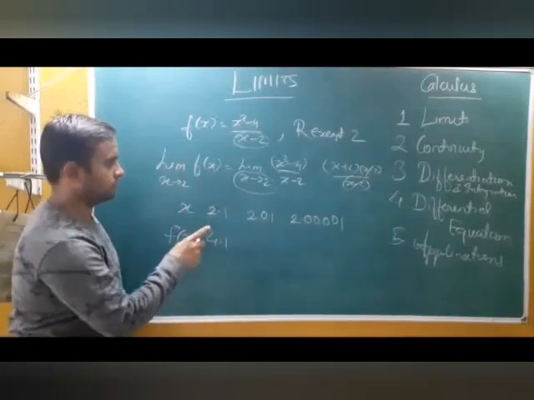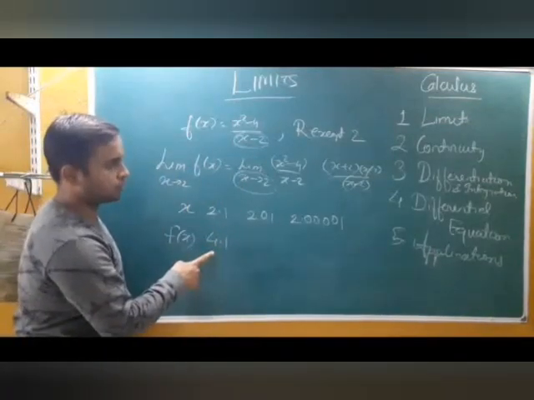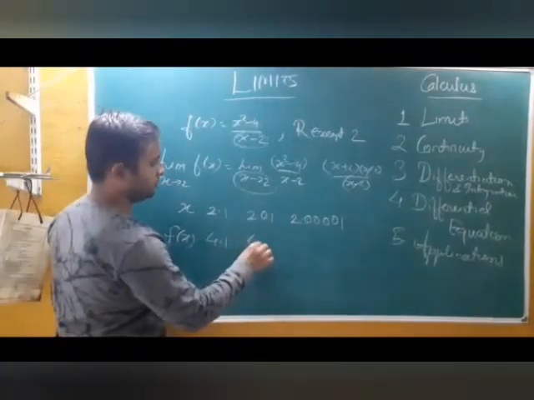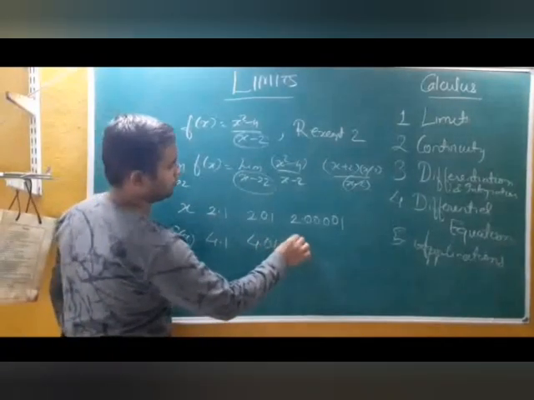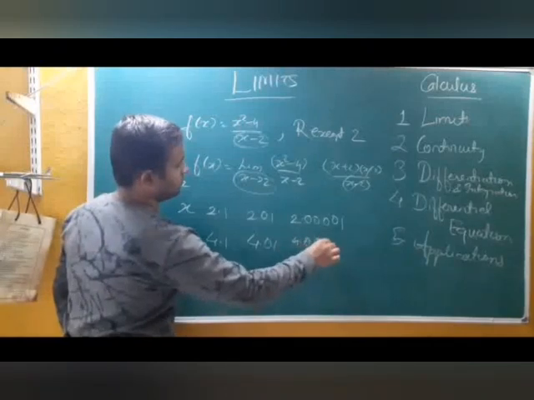So if x is 2.1, the function will be 4.1. Similarly for 2.01, it will be 4.01. For 2.001, it will be 4.001.